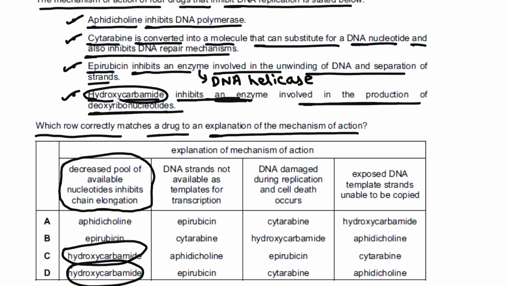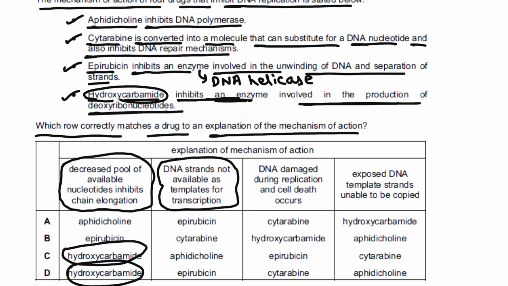Okay, DNA strands not available as templates for transcription. So if DNA strands are not available as templates, it means that the DNA strands cannot separate. DNA is double stranded, as you all know.